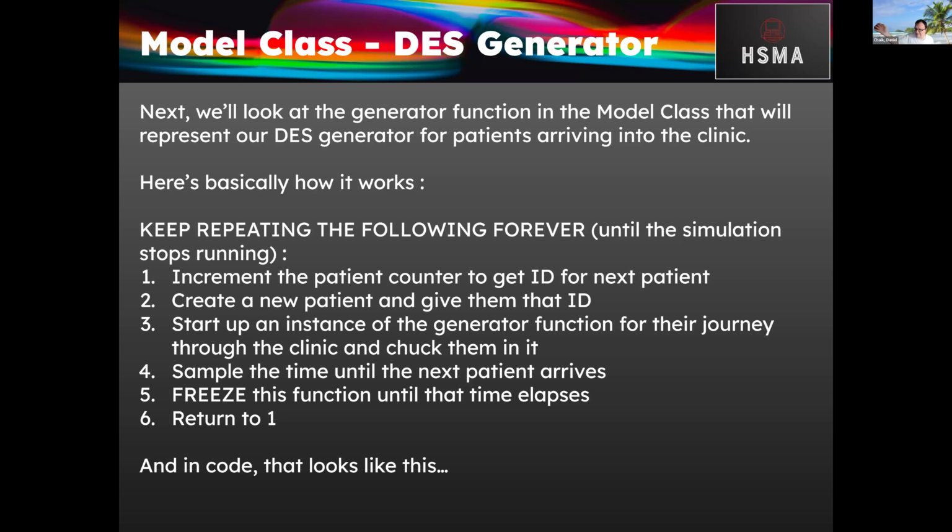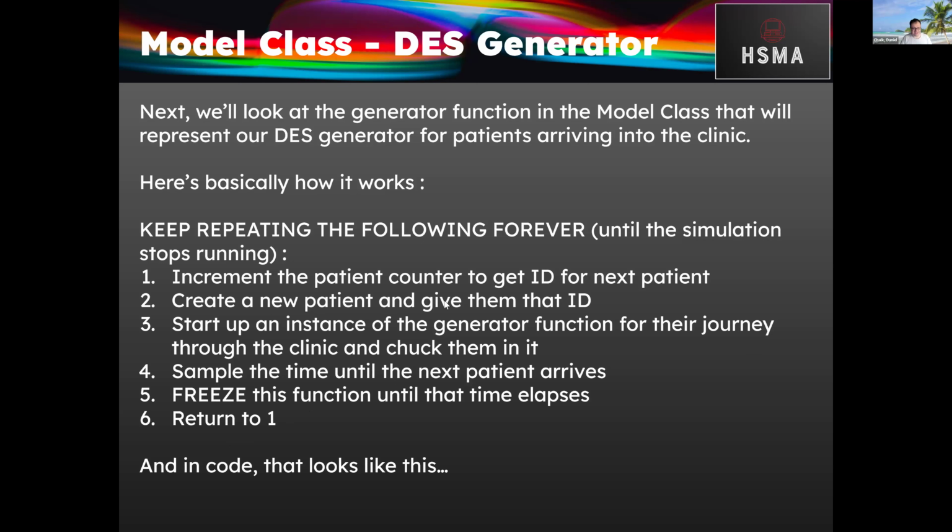And it'll chuck that patient into that generator function. Then it'll sample the time until the next patient arrives, so it'll sample an inter-arrival time. It'll then freeze in place, because it's a generator function, until that time elapses, and then once control passes back, once that time has elapsed, it returns to 1.